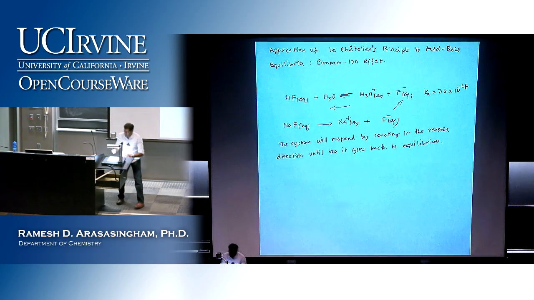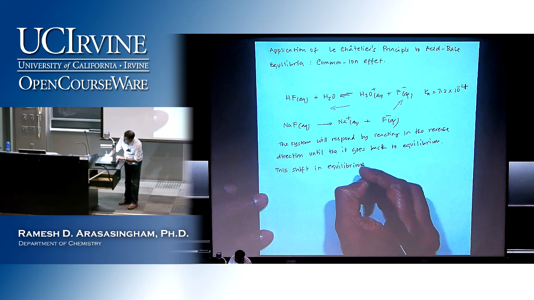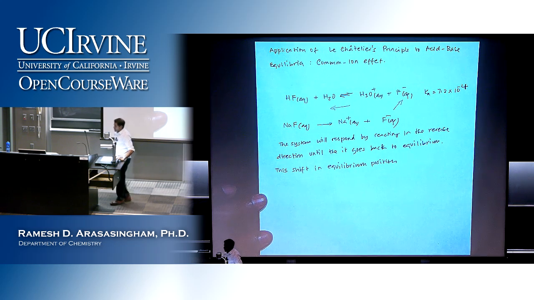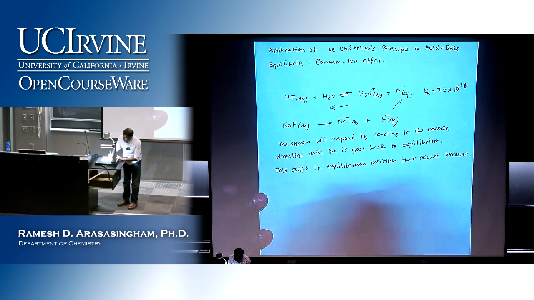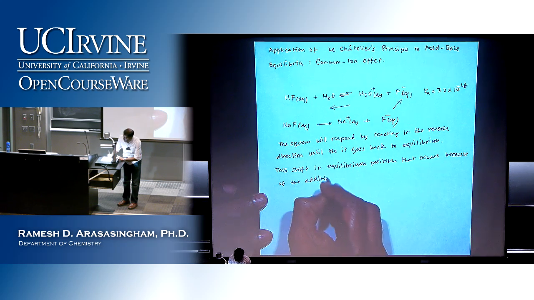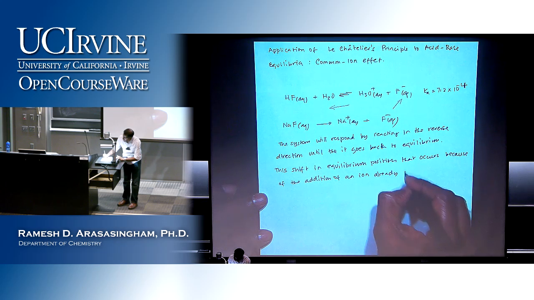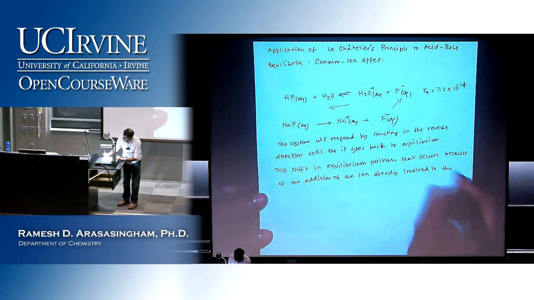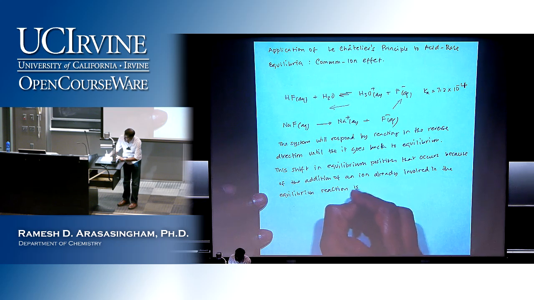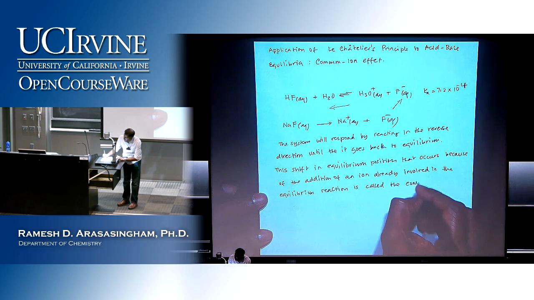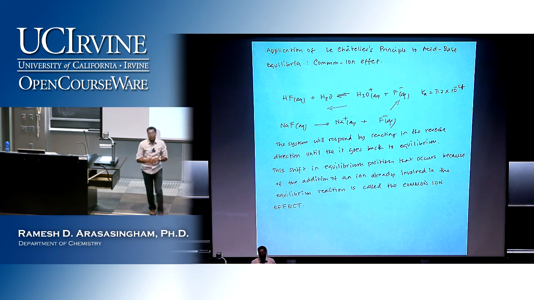And so this shift in equilibrium position that occurs because of the addition of an ion already involved in the equilibrium reaction is called the common ion effect. Okay, so we call this the common ion effect.